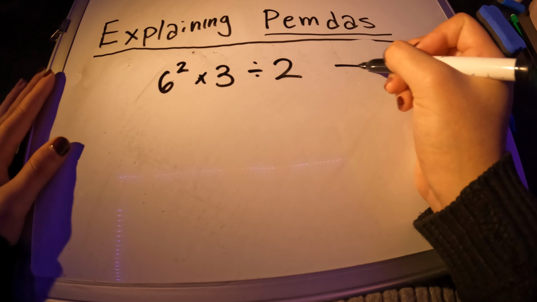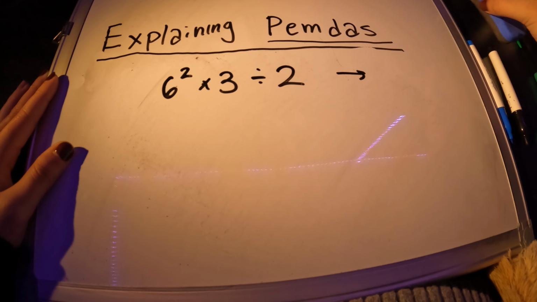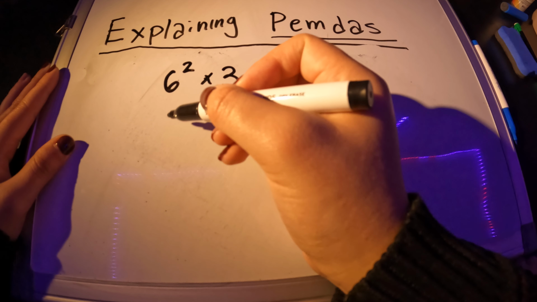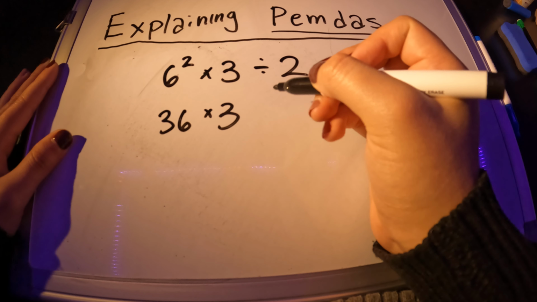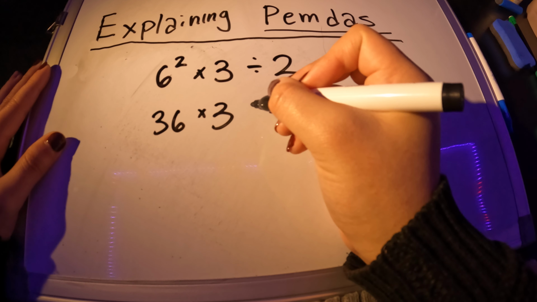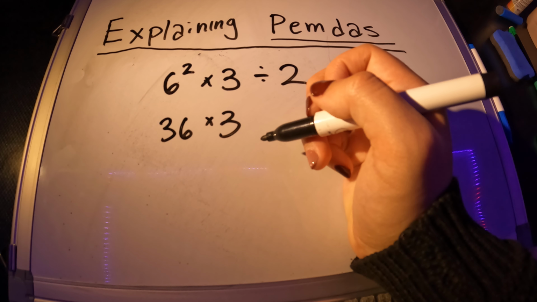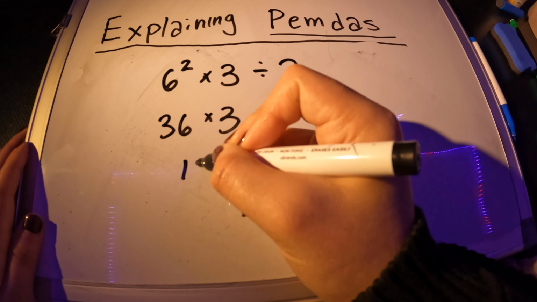Let's do left to right. So the 6 squared is 36, times 3, which is 108.